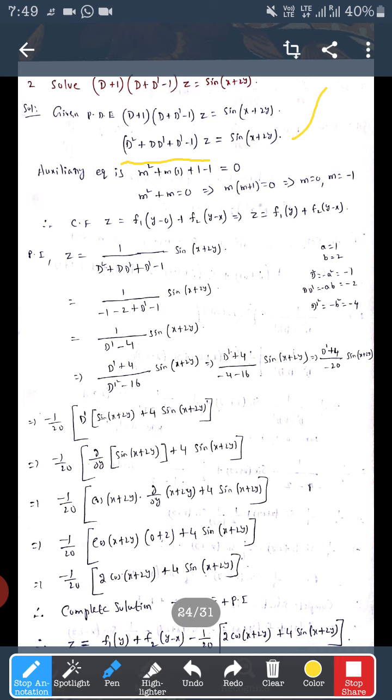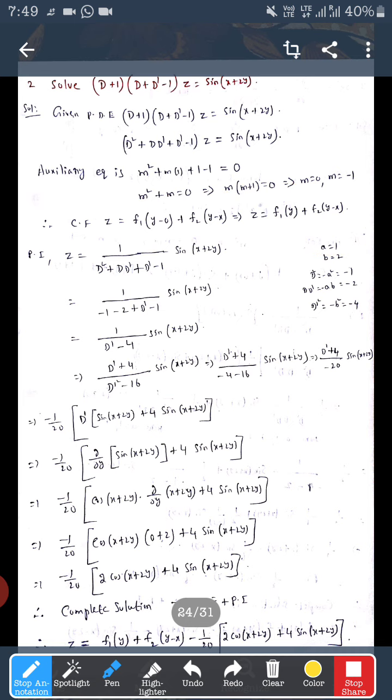In place of D we write m, and D' is equal to 1. Therefore, this becomes m² + m = 0, m(m + 1) = 0, m is equal to 0, -1. Here also roots are real and different. Therefore, z = f1(y - 0) + f2(y - x). So this is the complementary function.